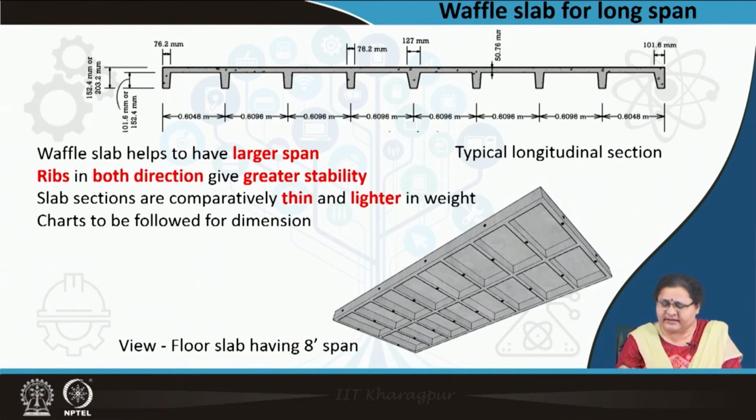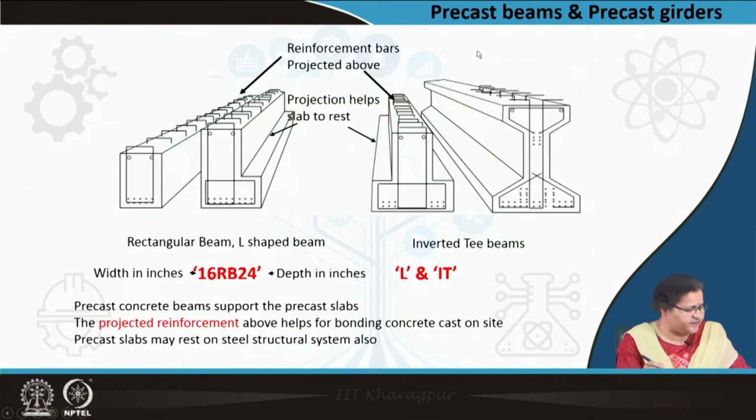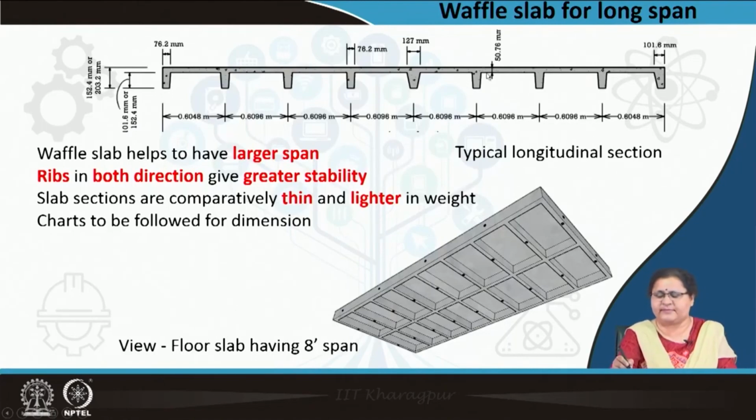They can be managed with much thinner cross section. Here you see around 50 millimeter of slab thickness you can actually achieve. Here is the 50 millimeter slab thickness, and you can have the ribs or the webs of much lesser dimension.